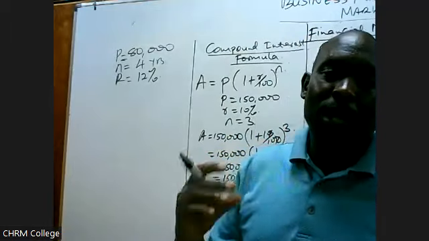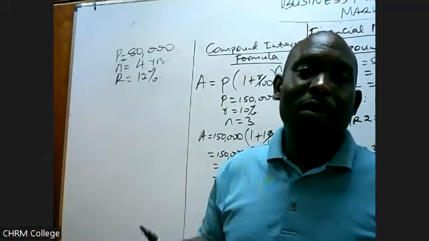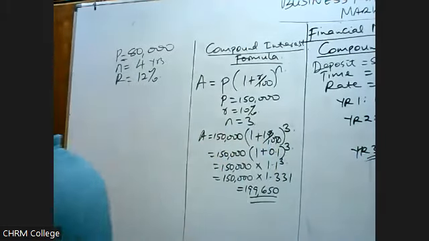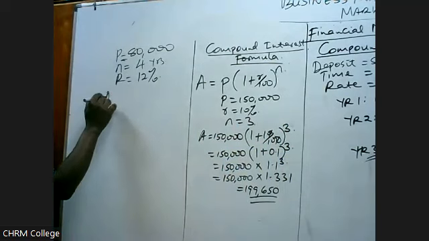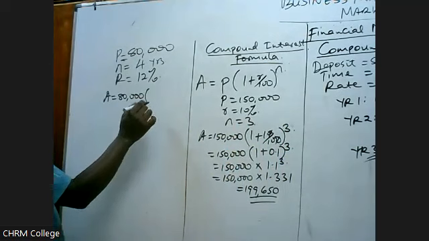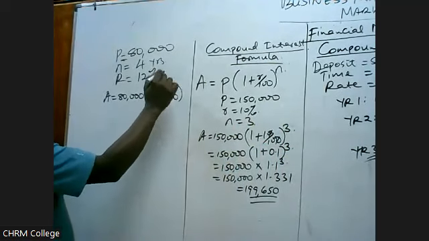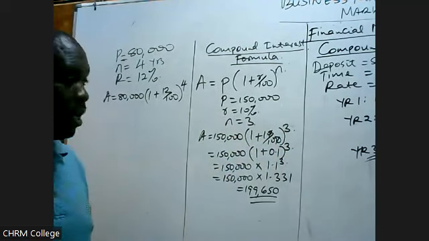Remember, this person will pay the principal amount that he borrowed plus the interest, but this interest is being compounded. It is not simple. So you say, the amount that will be payable will be equal to 80,000, which is the principal, into 1 plus the rate in percentage raised to the number of years it will take before repayment.